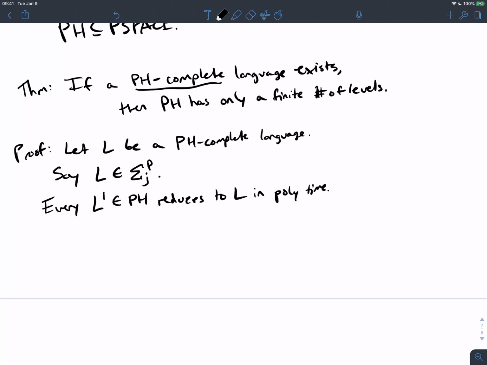But what does that mean? That means that you can solve any problem in PH in Sigma_j^p time because you can just transform it over to this complete problem.